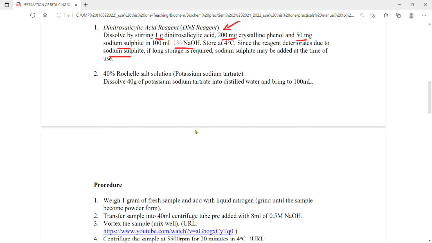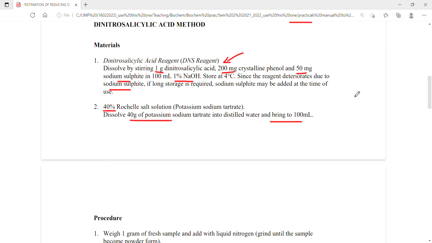Right, so next one is 40% Rochelle salt. They have already made it easier for you: 40 gram of potassium sodium tartrate, or Rochelle salt, brought to 100 ml. This is actually the same as just now. You again use a 100 ml volumetric flask.